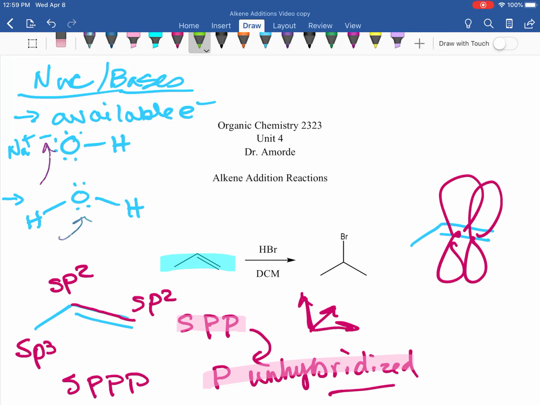So what's happening is you have a nice flat alkene, but up here and here are the actual alkene bond electrons. They are the unhybridized, and they are literally at a 90-degree angle here. They are completely perpendicular to that bond.